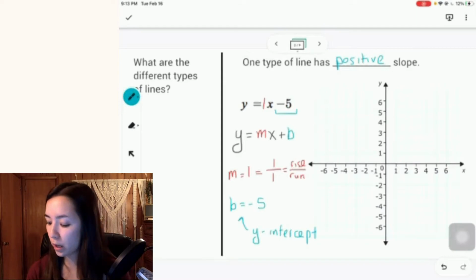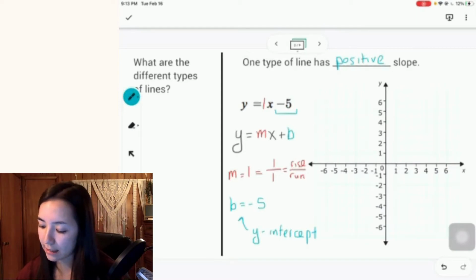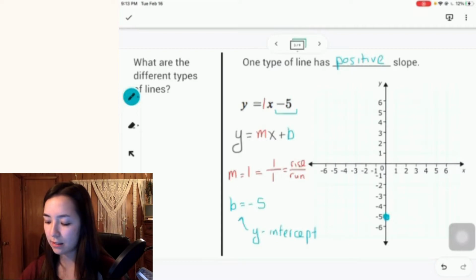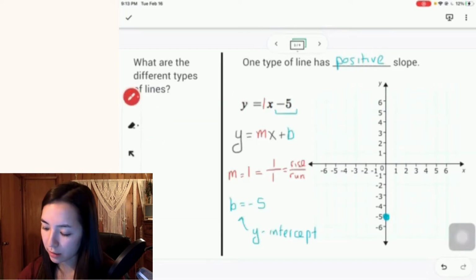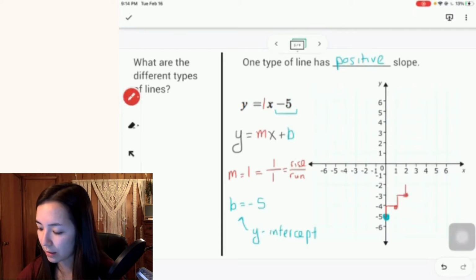So we're going to start at negative 5 on our y-axis. Our rise is 1, so we're going to go up 1, and our run is also 1, so over 1.